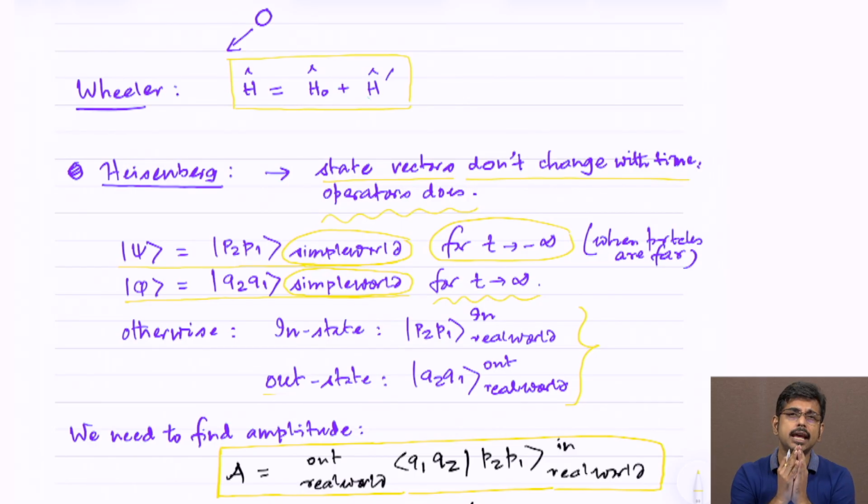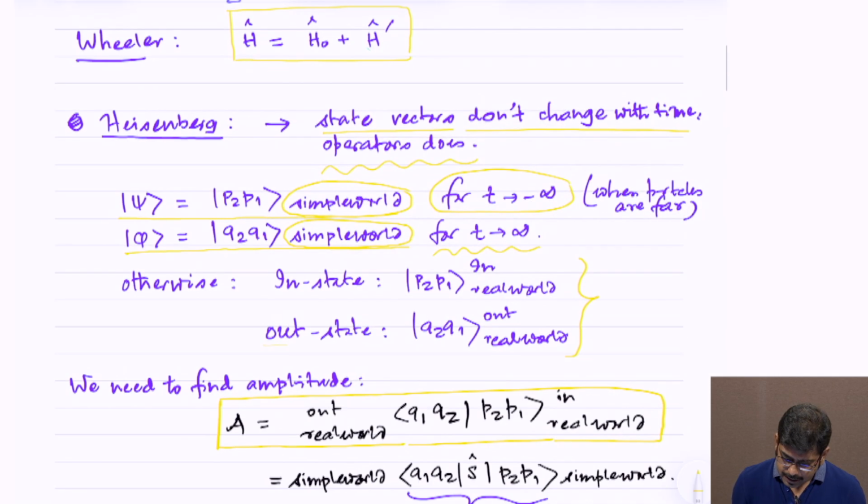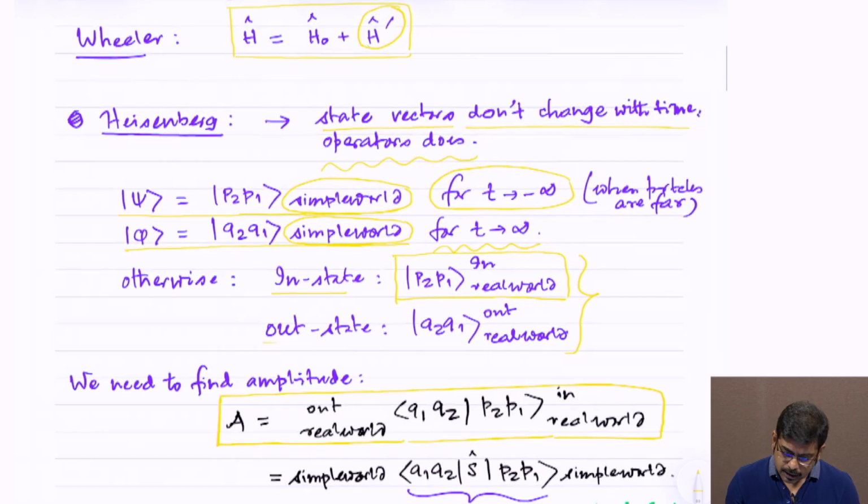Otherwise, if we have to talk about the outcome when the scattering is taking place, we say the in state is |P1, P2>, and with this notation we can say that this is the real world. This state has to be evaluated in the presence of that perturbing Hamiltonian H prime which we have introduced, right.